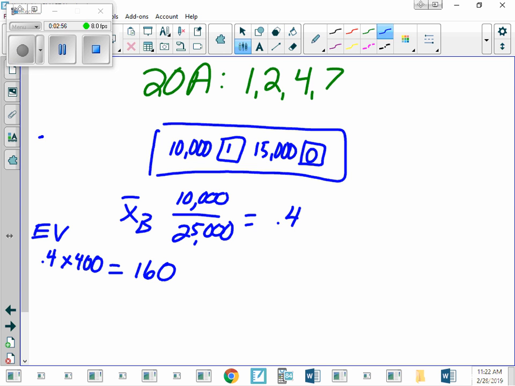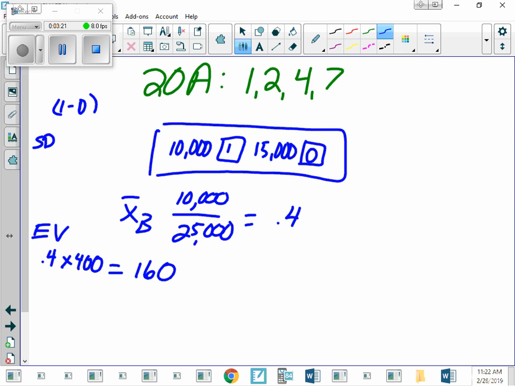So the standard deviation, can we use the trick? Yes, and I'm gonna do a little bit of a shortcut. We obviously don't need to do 1 minus 0. And I don't want to type in 10,000 over 25,000 and 15,000 over 25,000. So what am I going to do? I could take the zeros out, that's true.